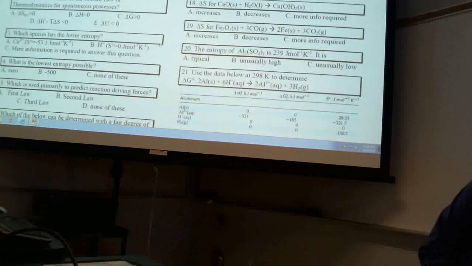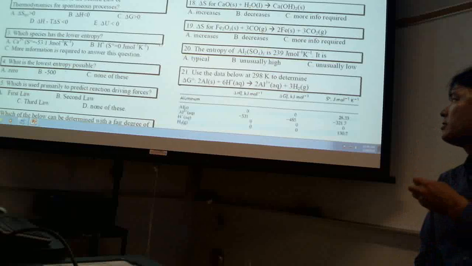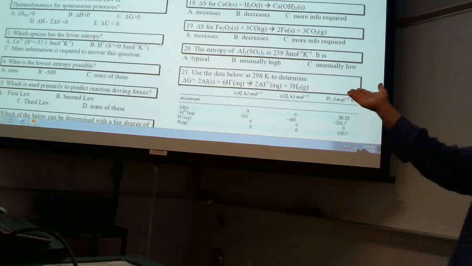Solid. Solids typically have entropies from 0 to 100. It's unusually high, but that's because it's a solid. If it was something else, like a gas, it would be typical.